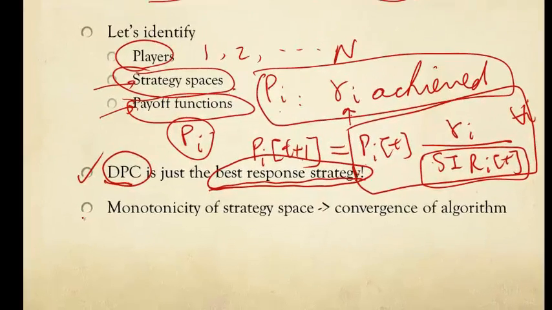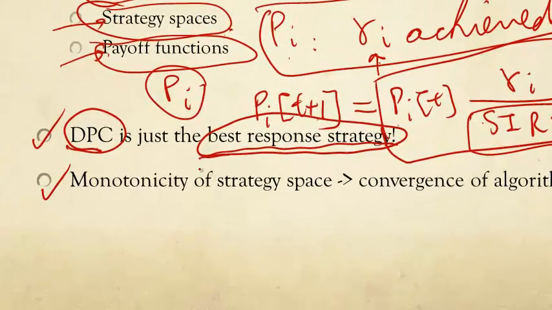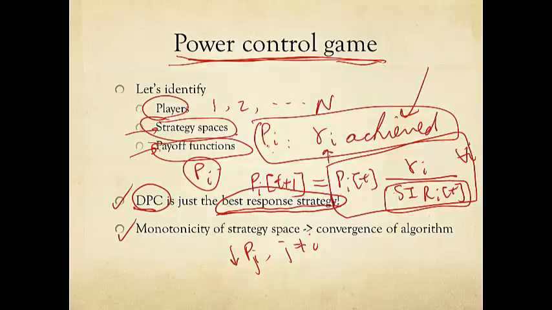The second thing you can check is a monotonicity of the strategy space. What do I mean by that? By that I mean that if all the other users make their powers p_j, j not equal to me, I'm user i, smaller, then my strategy space, the set of p's such that the gammas can be achieved, will be bigger.